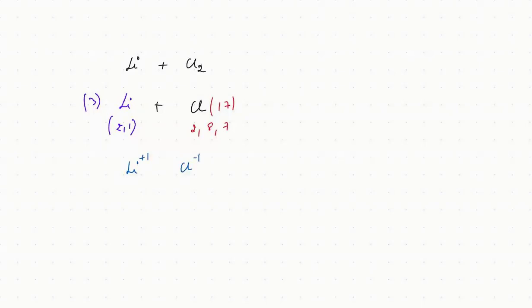Positive, and the chlorine will have negative. So lithium will have plus 1 and chlorine will have minus 1. So what is going to happen? We will have LiCl.